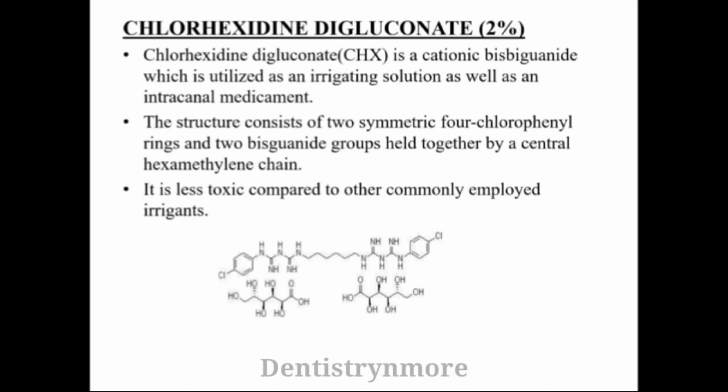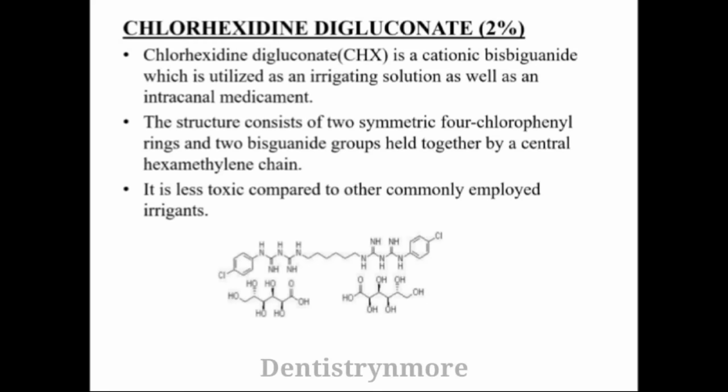Next we are moving to chlorhexidine digluconate, 2%. It is a cationic bisbiguanide which is utilized as an irrigating solution as well as an intracanal medicament. It consists of two symmetric 4-chlorophenyl rings and two biguanide groups held together by a central hexamethylene chain.